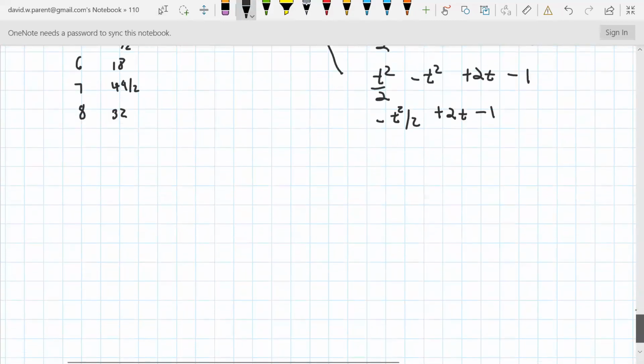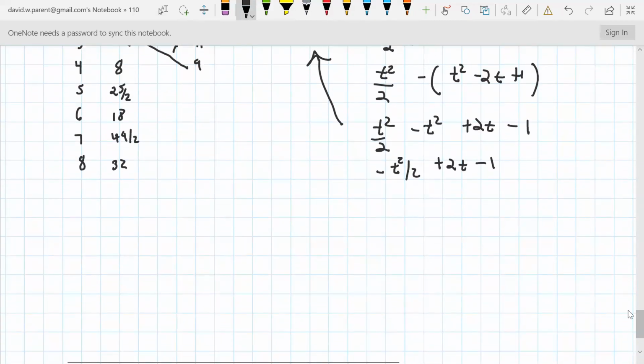All right. Then between 2 and I believe the next one is 4, I still have t squared divided by 2.